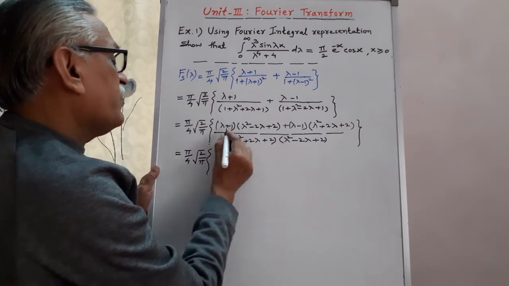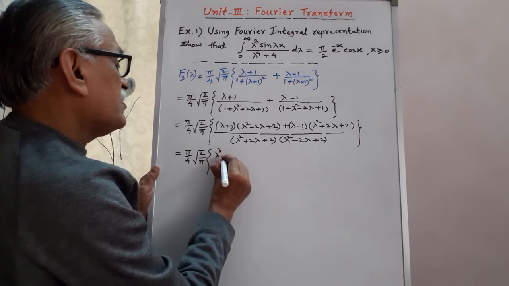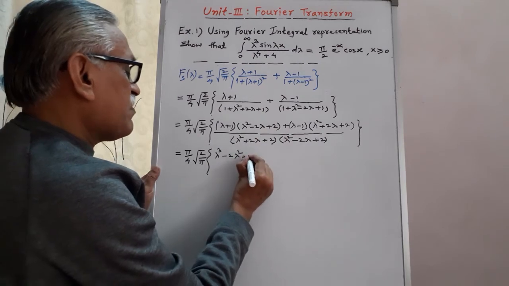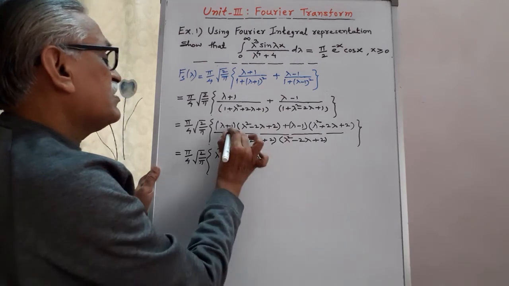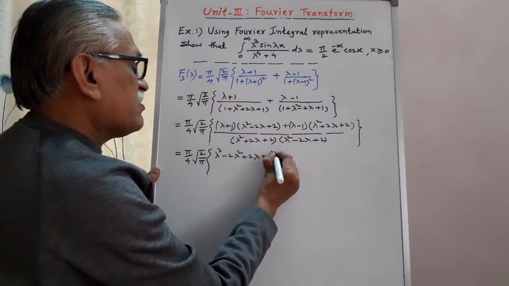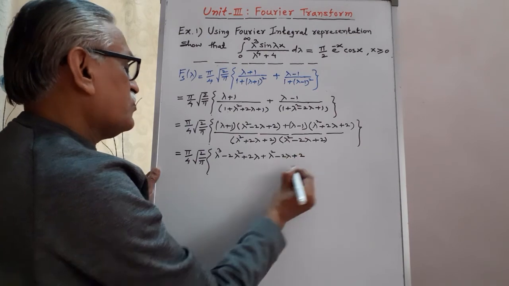Multiplying term by term, we get lambda into lambda square as lambda cube minus 2 lambda square plus 2 lambda plus 1 into this term, we get lambda square minus 2 lambda plus 2.